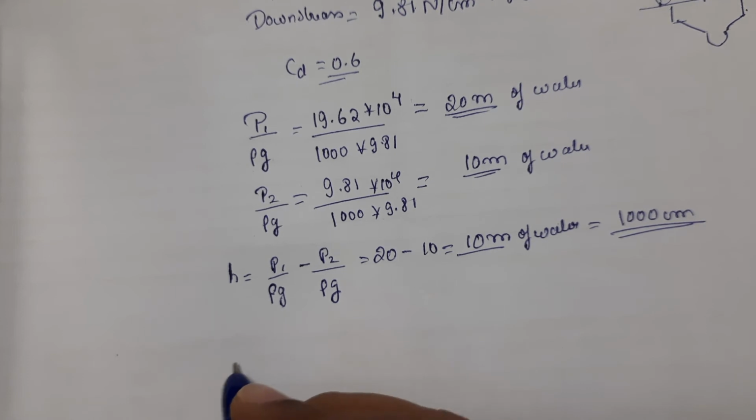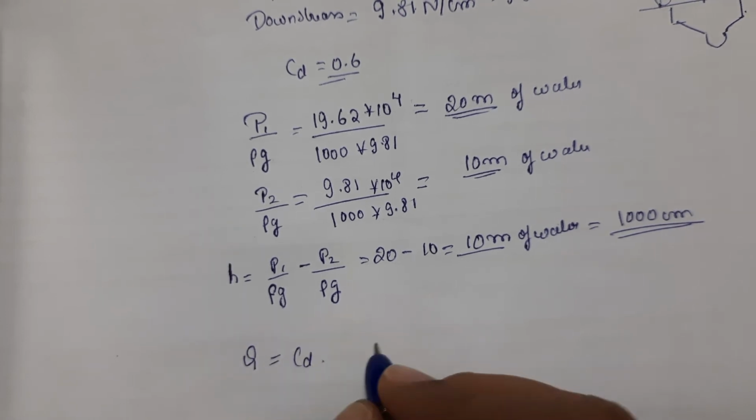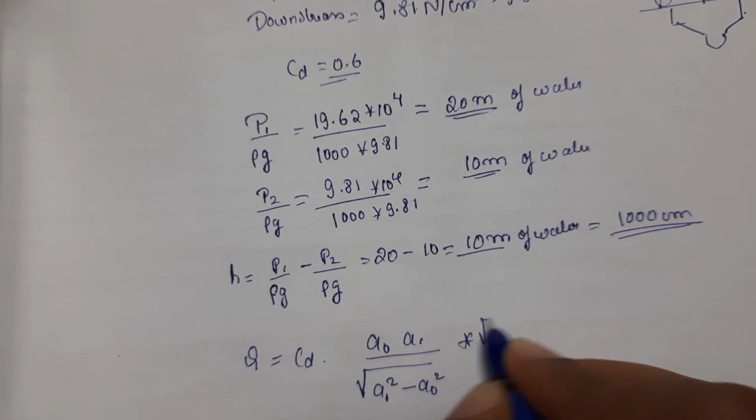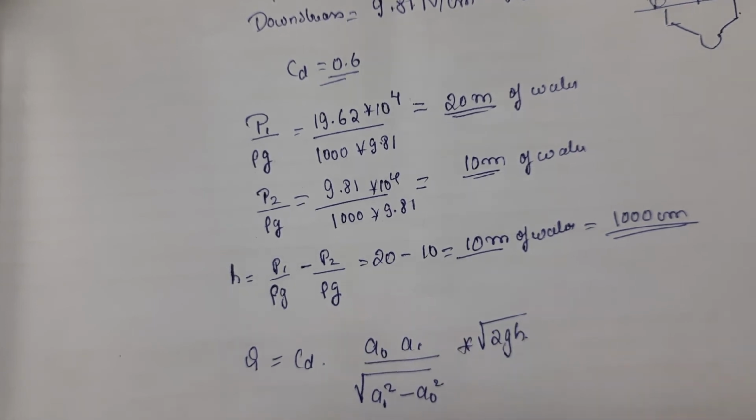So to calculate the discharge, the formula for discharge is Q is equal to CD into A0 A1 by root of A1 square minus A0 square into root of 2GH.